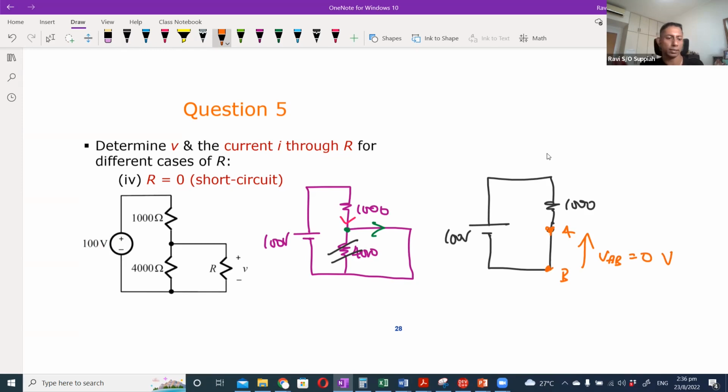It's a short circuit path, so the voltage will be 0. So the current I will be 100 over 1000, which is 100 milliampere.